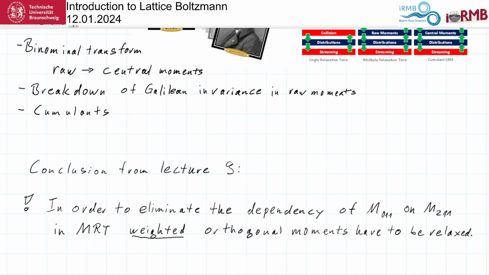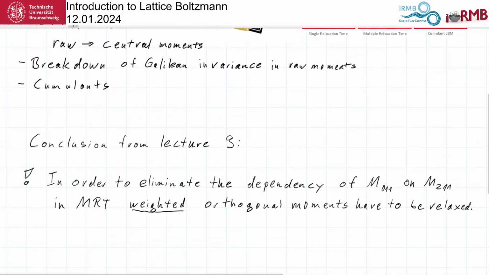This leads to a spurious coupling, and we could remove this when instead of relaxing this moment M211 directly or the unweighted orthogonalized moment, we could use the moment N21, small n21, which we defined as M211 minus theta M011, and this would then remove the coupling.